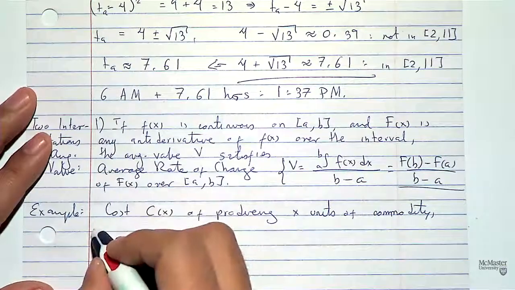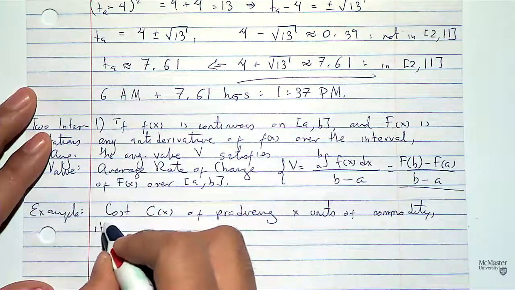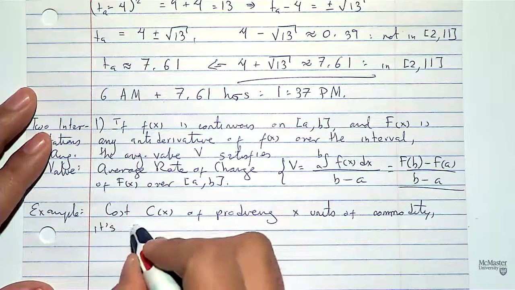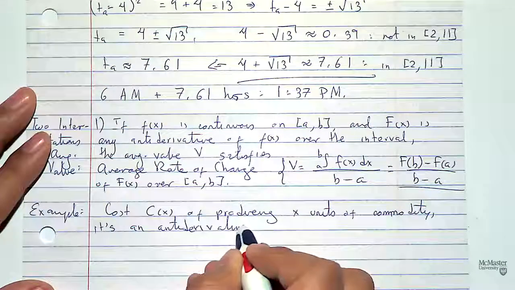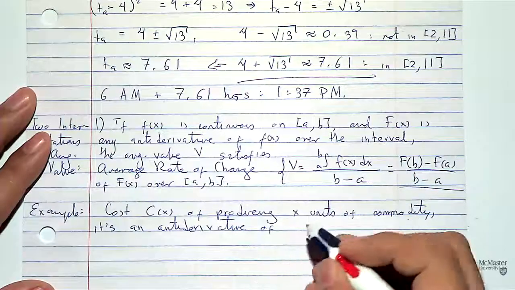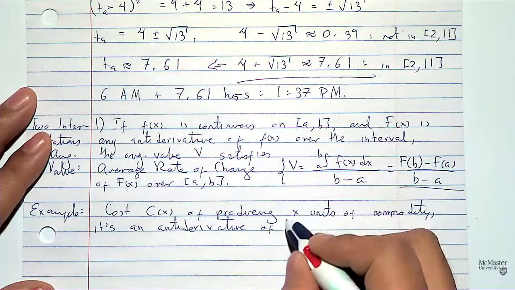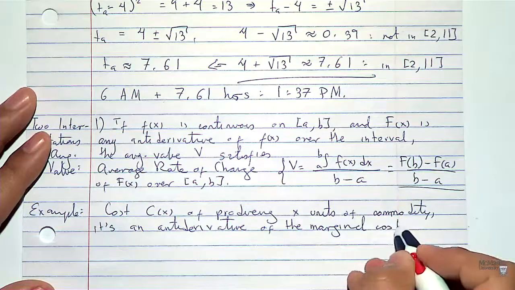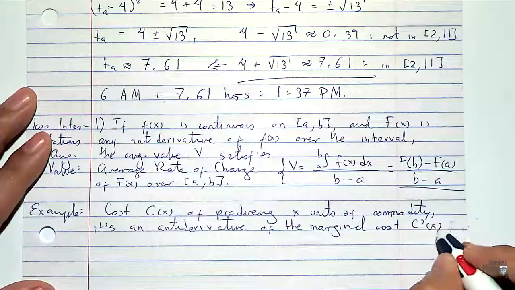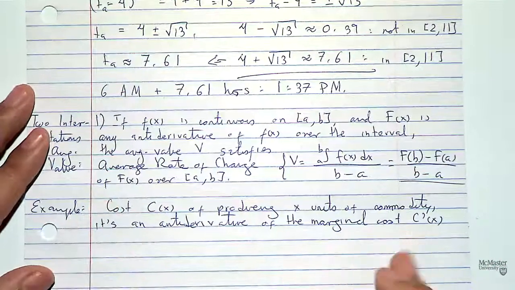And just by definition, trivially, the function C is an antiderivative of the marginal cost, which is the derivative. So, I mean, it's a tautology. C prime of x is the derivative of C. That's all you need to know.